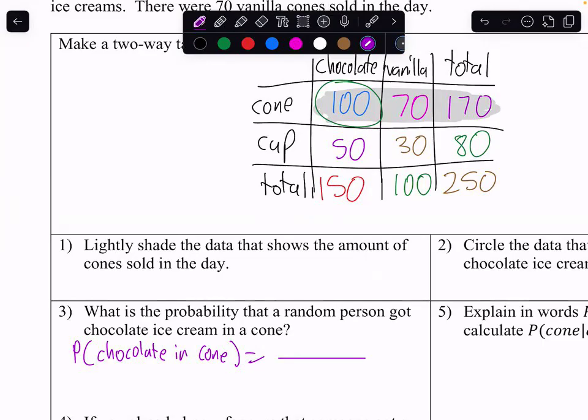Okay, so probability we learned is number of successful outcomes over the number of total outcomes. So I always like to start with the denominator. So what's the total number of things that can happen when I take a random person? I can talk to any of the 250 people, right? So that's my denominator.